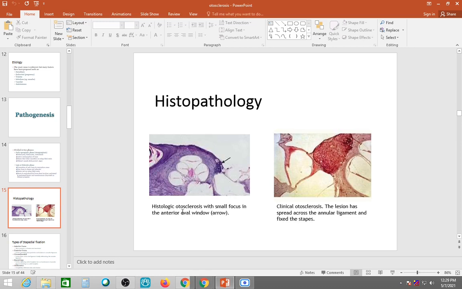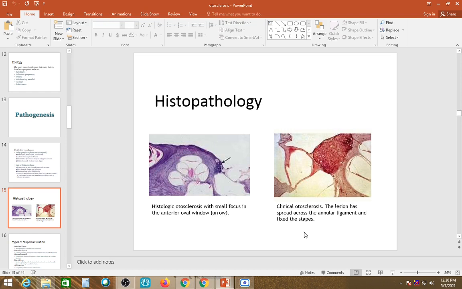The histologic otosclerosis with a small focus in the anterior oval window. How is the growth? Can you see the growth? And then here it has to be connected, no? But the clinical otosclerosis, the lesion has spread across the annular ligament.